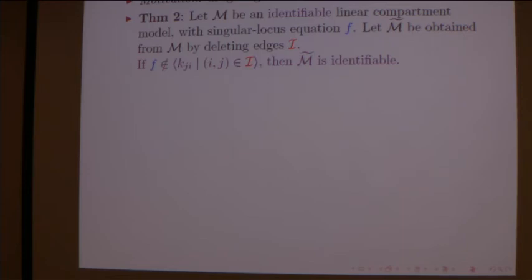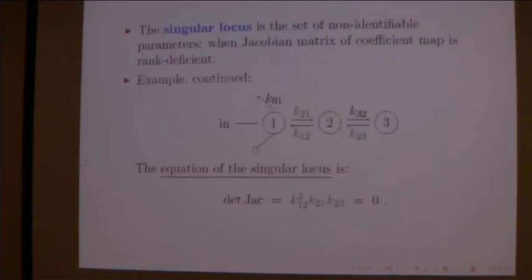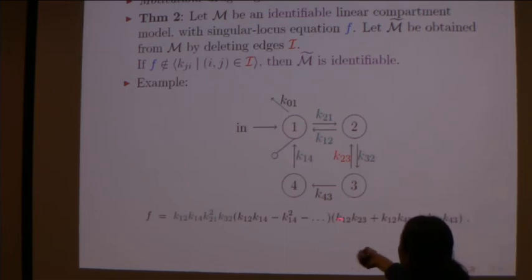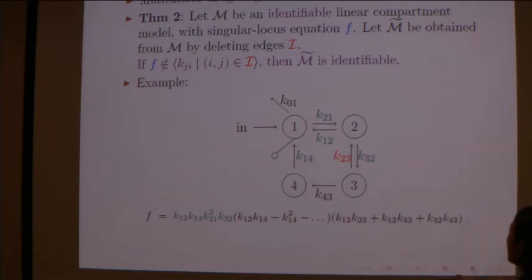Could you explain this motivation maybe a little more about drug targets? Yeah, maybe the picture will help. Imagine that this is my model, and here is my equation for the singular locus. Here is a red edge, which is not in the monomial part. When I plug in k23 equal to 0, I don't get 0 for my singular locus.